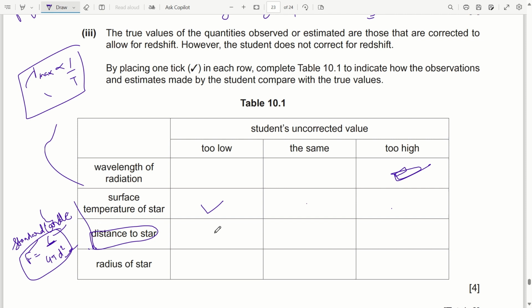So the distance to the star will be the same. For calculating the radius of the star, we can use the Stefan Boltzmann law, that is L is equal to 4 pi sigma r square T to the power 4. Here L is constant and sigma is constant, so r square is inversely proportional to temperature raised to power 4. So the temperature is too low, therefore the radius of the star will be too high.